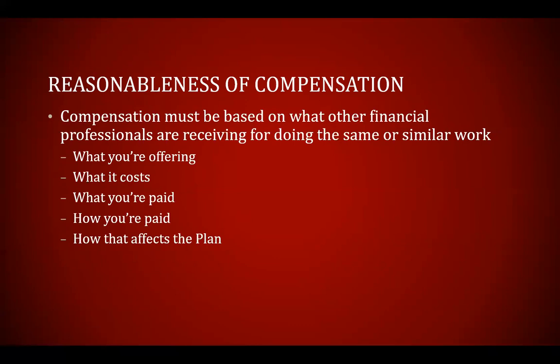If the insurance company is paying you a commission that is not coming out of the client's pocket, the trade-off for them is a surrender penalty for a period of years that would actually cost them money if they were to exit that solution early. That's part of reasonableness of compensation and explaining that to the client.